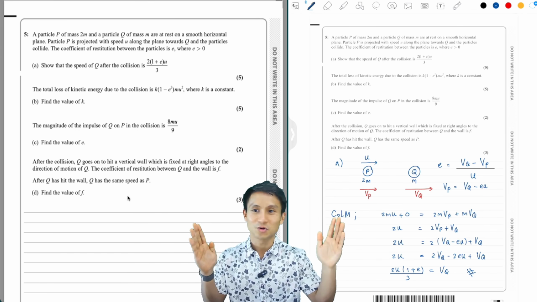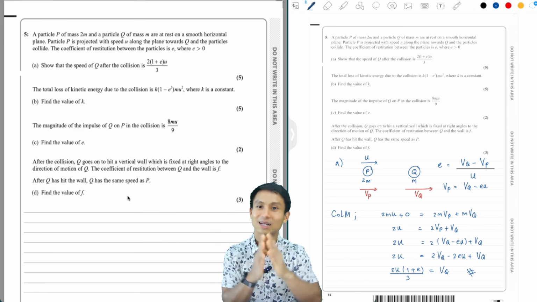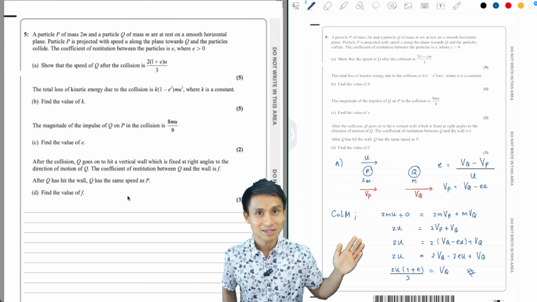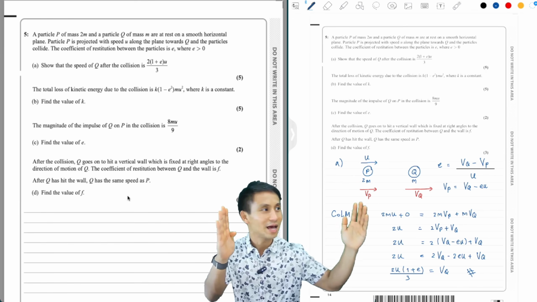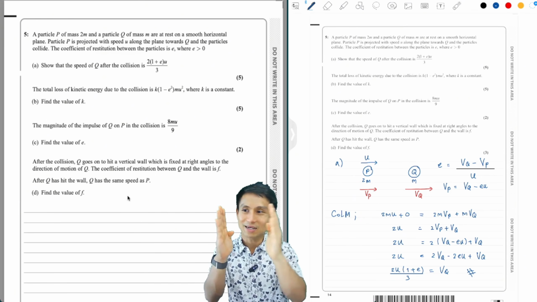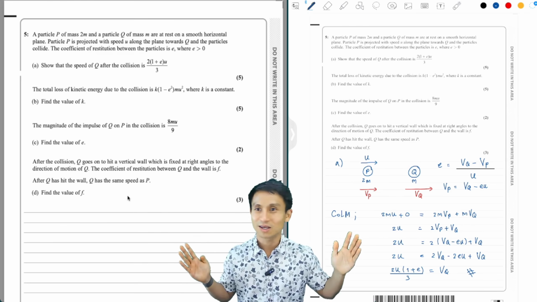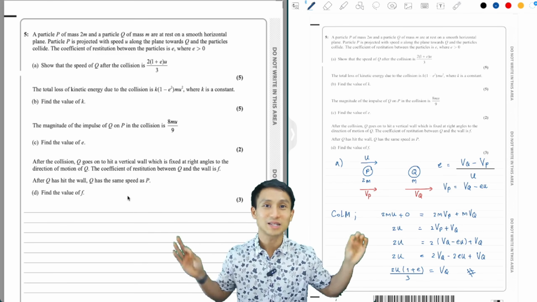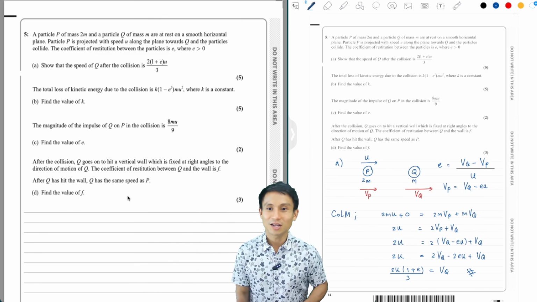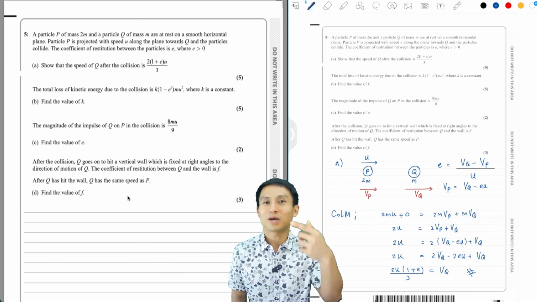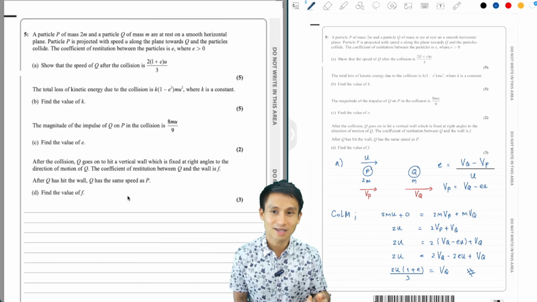So PQ would have collided once and again later. So the Q would hit the wall and bounces back, colliding P again for the second collision, and they might ask for even like the final speeds after that second collision.